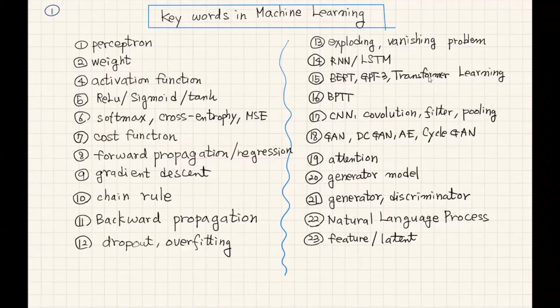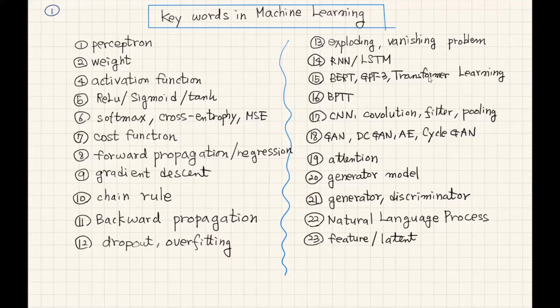Let's review the previous classes using these slides. I listed 23 keywords in machine learning. I think at the beginning of this class 2 months ago, we may know these keywords or we may not, but let's talk about them one by one.